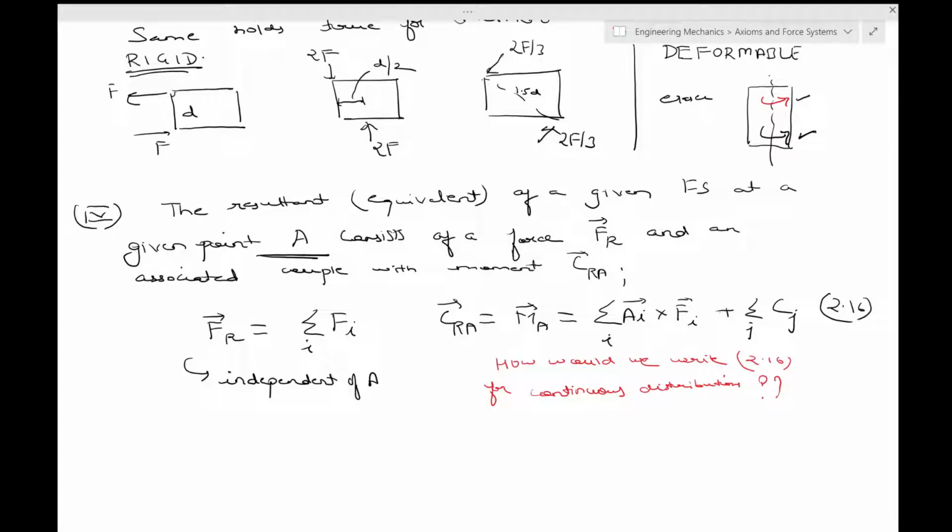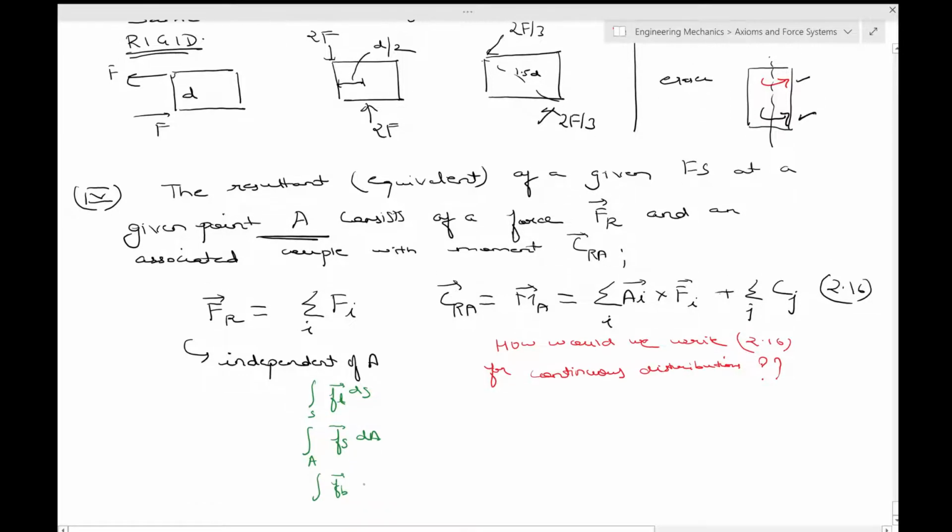Now in the first one, let me write that in blue, green. So this will become FL ds, where s is the path coordinate. This would be FS dA, this is the area coordinate, and this is FB dV, volume.